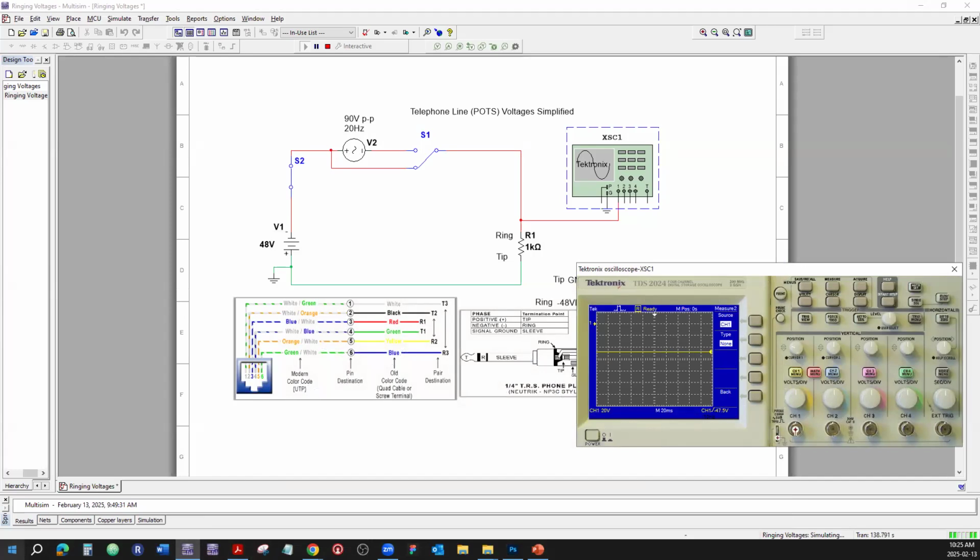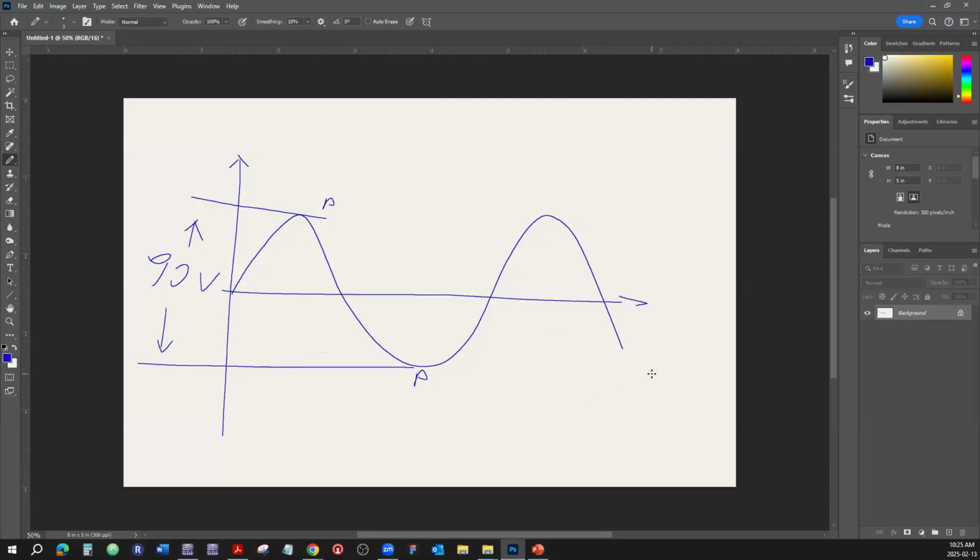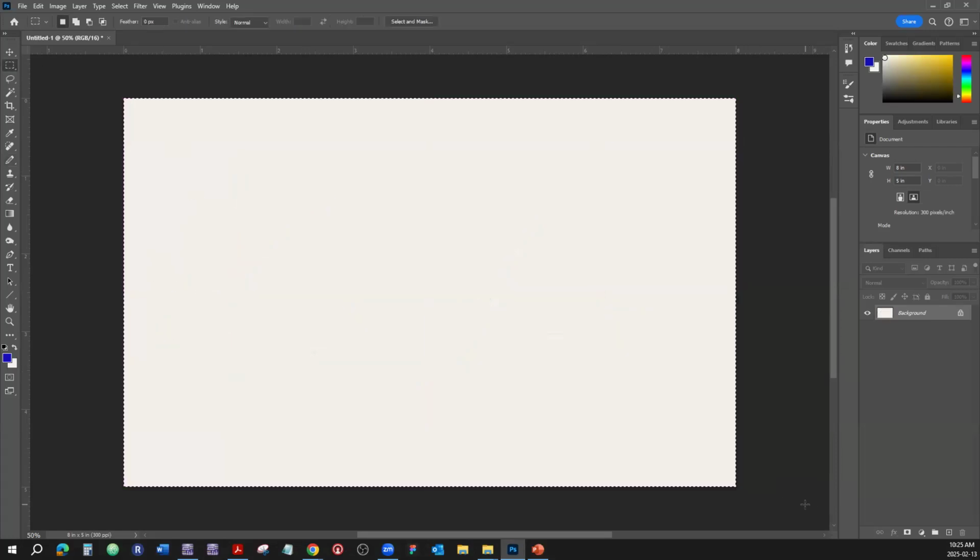Why is it 20 hertz? Because in the old times when things were ringing, there would be those two bells. There'll be one bell, there'll be another bell mounted on a piece of wood, and there's going to be some sort of electromagnet here with the little hammer.